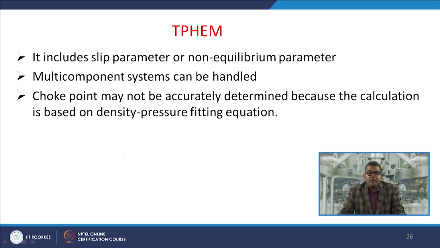Fourth is that a multi-component system can be handled in this particular program. And the last one is that the choke point may not be accurately determined because the calculation is based on a density-pressure fitting equation. So, once we have this particular equation, we have to give due consideration to this last point.